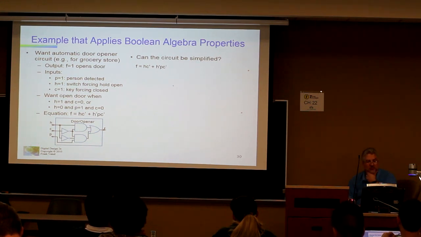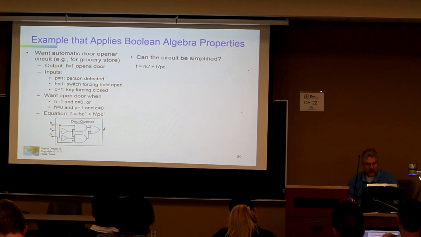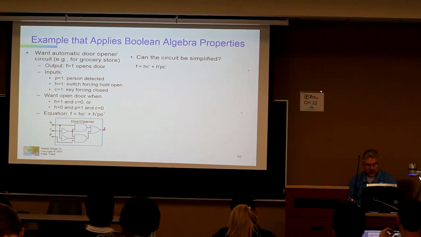So in this case, we're saying an automatic door opener, in other words, for a grocery store. F is when the door is open. So a person is detected. We've set a switch saying we're going to force the hold to stay open. And then we have a key that says we don't ever want it to open, right? This would be like closing time.